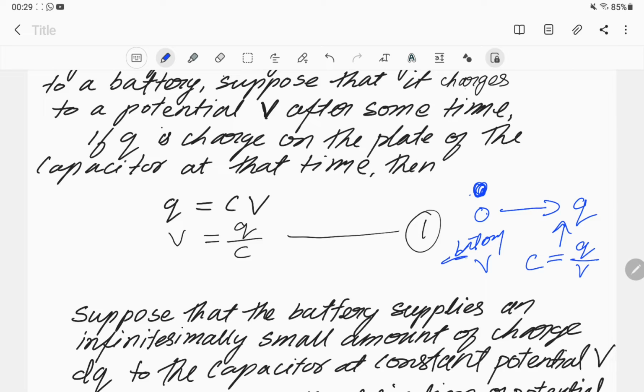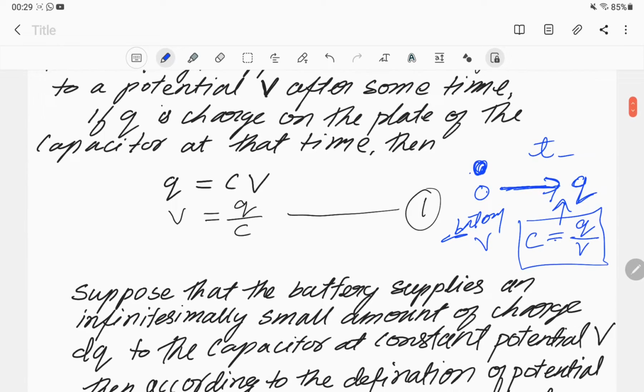After connecting to a battery of voltage V, the capacitor starts to charge, and slowly the charge on the capacitor increases, and after some time, let's say T, the charge on the capacitor is Q. At that time the capacitance is given by C equal to Q by V. This is the formula for capacitance.